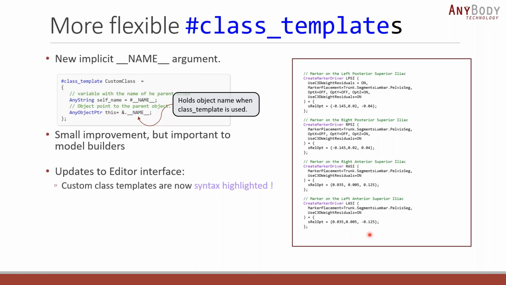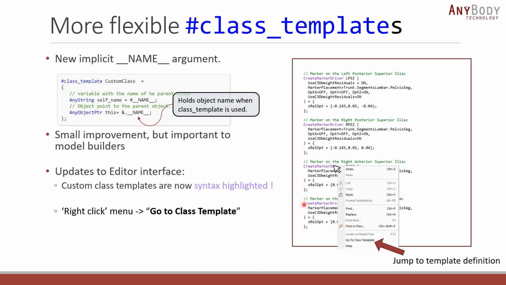And if we look at a MoCap protocol now, we can see that all the create marker driver classes here are syntax highlighted, so they turn out purple. So it's really easy to see. That's a kind of dynamic syntax highlighting, because AnyBody doesn't know what the class templates are before it loads. So as soon as you load the model, it detects what class templates are available, and it highlights those names in your scripts.